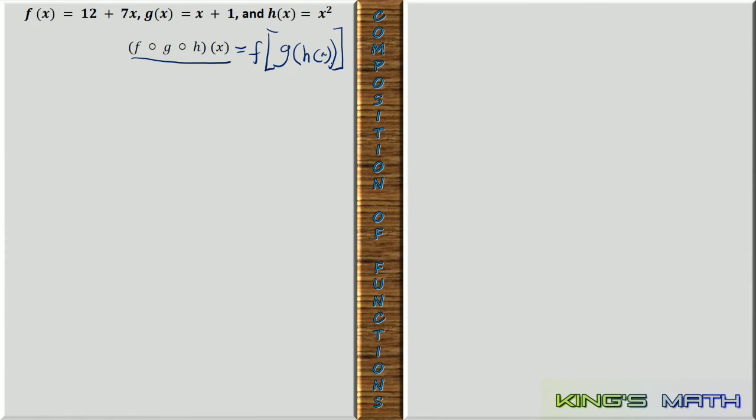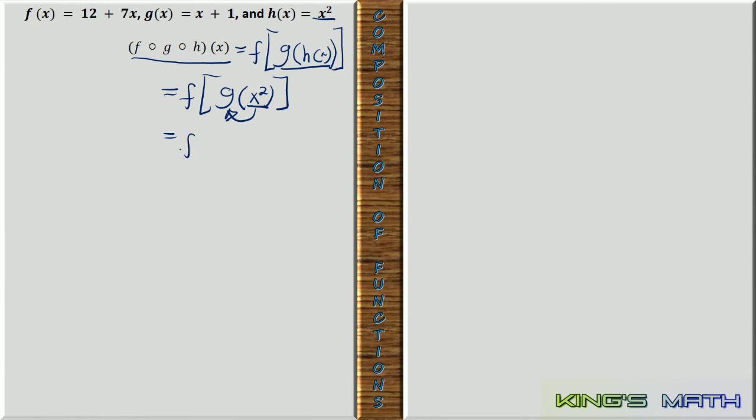Okay, and then we're going to substitute. So first we're going to answer this one. So we're going to have here f of g of, what is h? We have x squared. So that will be g of x squared. And then we're going to substitute x squared to g.